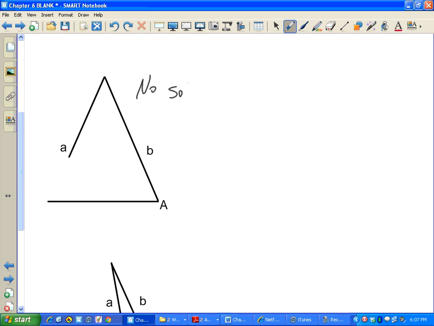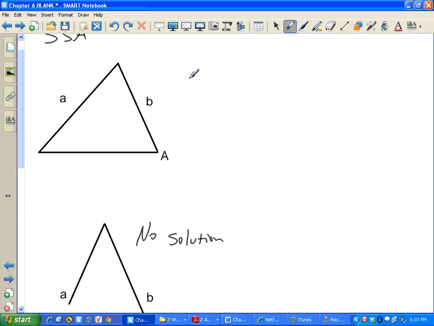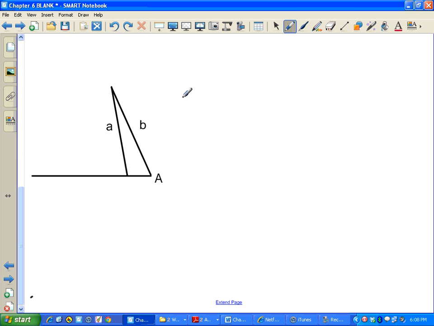I could have one solution, or I could have this case where this angle is fixed, this side is fixed, and this side is fixed, but there are two angles that I could use with this given length A, either here or here. So I could have two answers from this case.